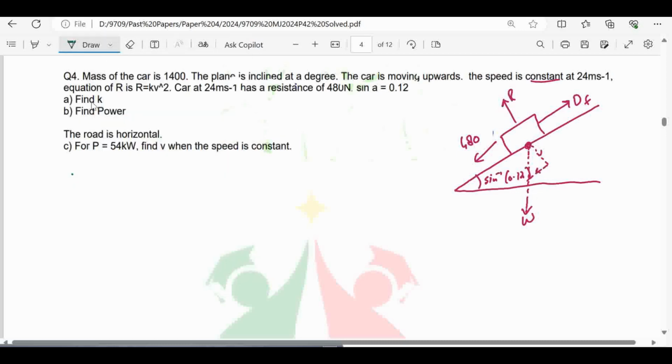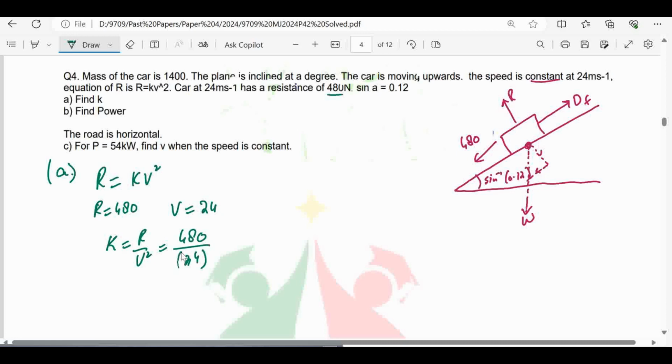This one is the condition that first of all find the value of K. Now how we can find the value of K? It is given that R is equal to kV square. So we know that R is 480 and V is 24. So we can write it as K will be equal to R by V square, which means 480 by 24 square.